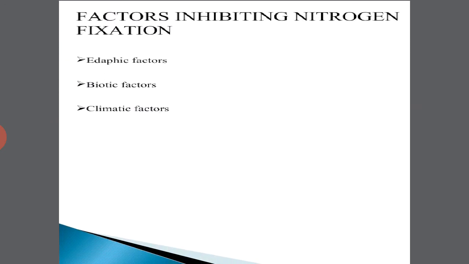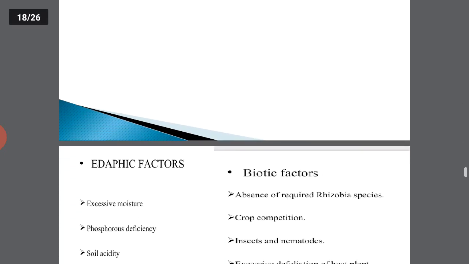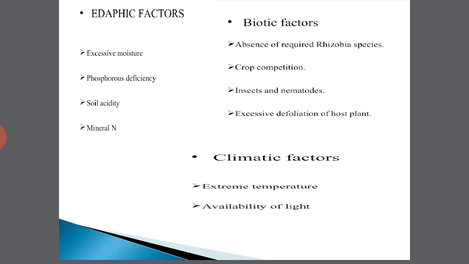Factors that can affect nitrogen fixation are abiotic factors, biotic factors, and climatic factors. We will not go in depth on these factors, but just get a brief idea of them. Abiotic factors: excessive moisture, phosphorus deficiency, soil acidity, mineral nitrogen.